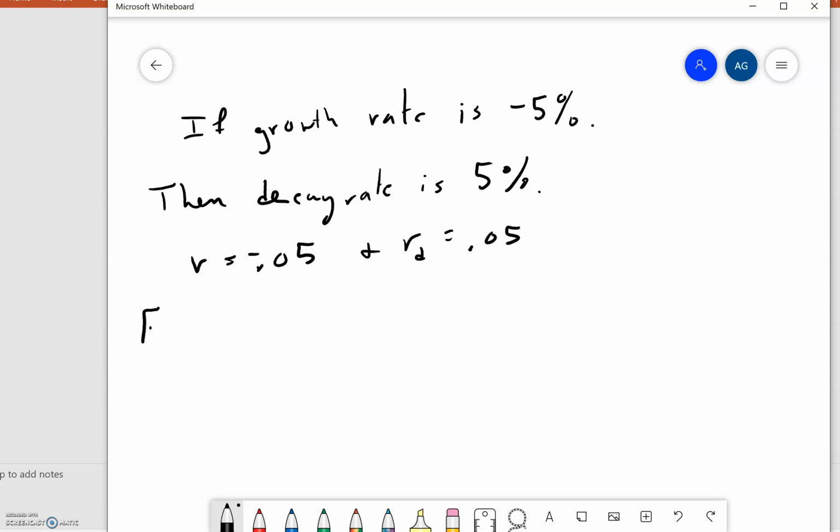And the factor, there's two ways I could write this.